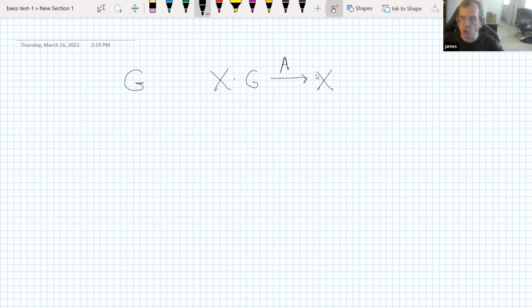Now for it to be a torsor, what kind of invertibility do we want? Don't tell me, let me think. You can think of the displacement as a sort of distance. By thinking of it as a distance, we're already suggesting the kind of invertibility we want. We want to be able to start with two points and ask what is the distance between them, by which we mean, what is the displacement that gets you from one to the other?